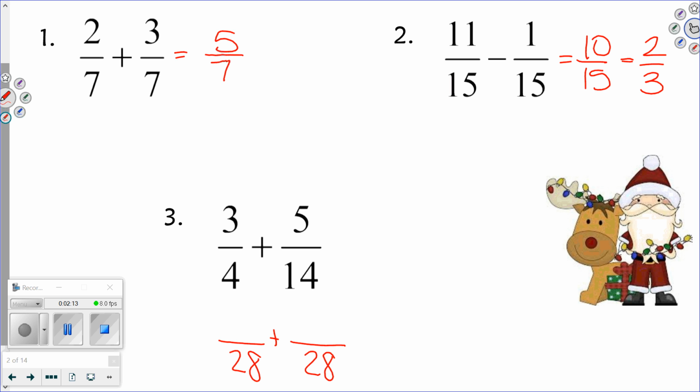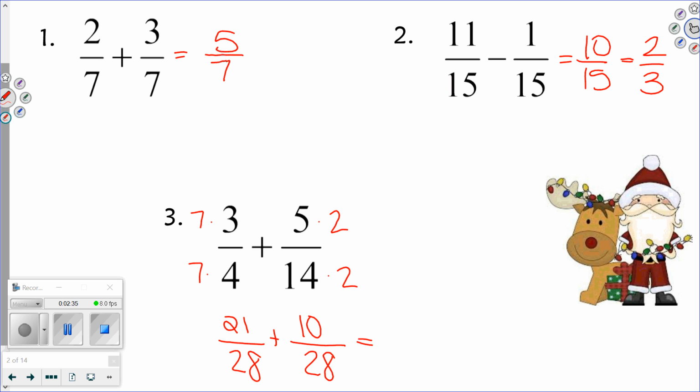So how do you turn 4 into a 28? Times it by 7. So if you multiply the bottom by 7, you also multiply the top by 7, which gives me 21. What do you multiply 14 by to get 28? If I multiply the bottom by 2, I also multiply the top by 2. And that gives me 10.